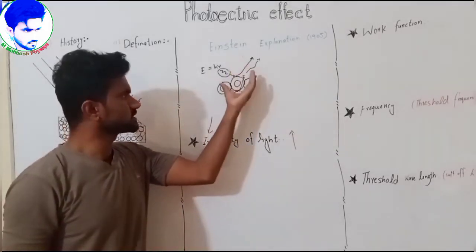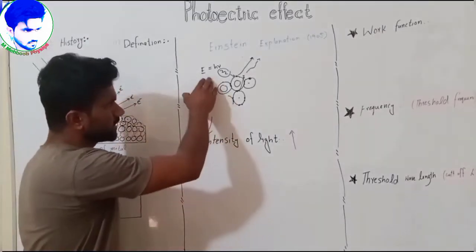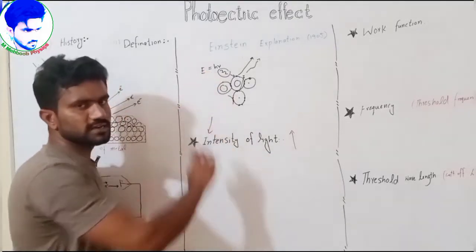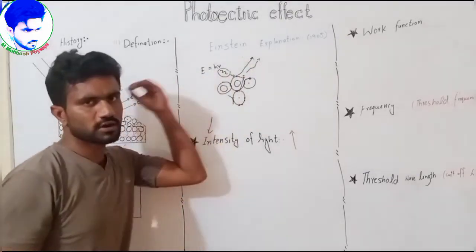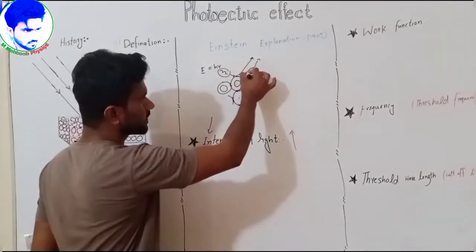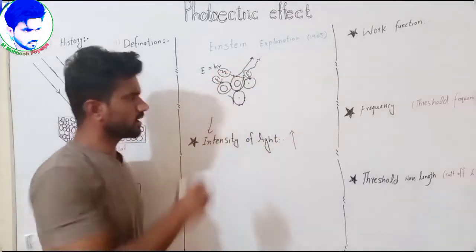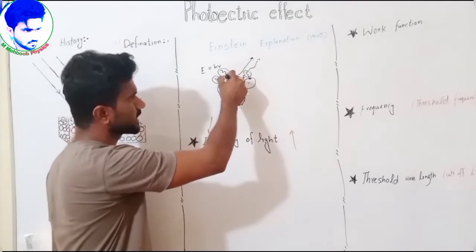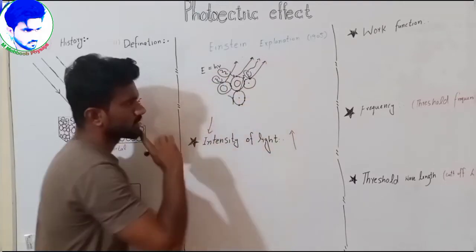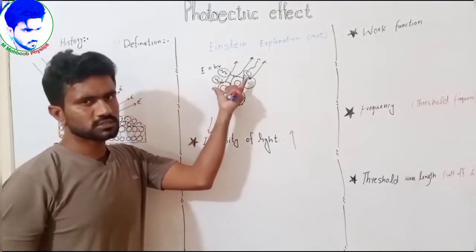So when we increase the intensity of the light, the number of photons increases. When the number of photons increases, there is greater interaction between photons and electrons, which means more electrons will be ejected from that metal surface.